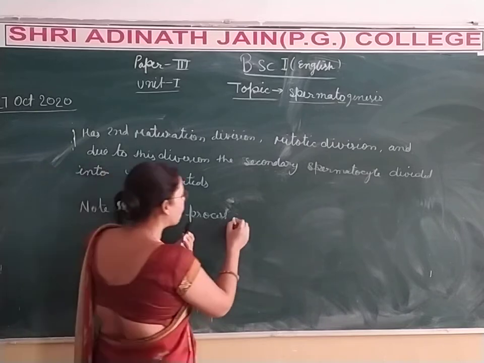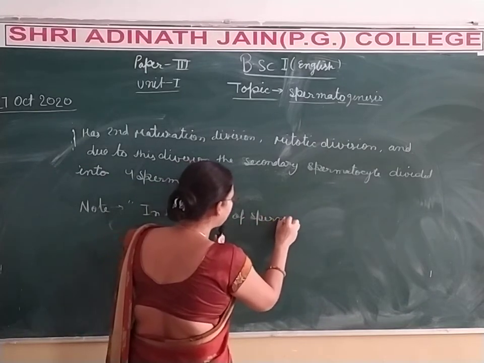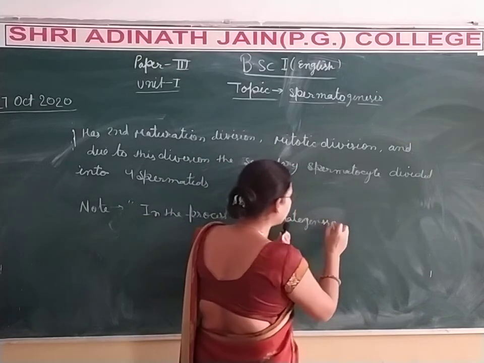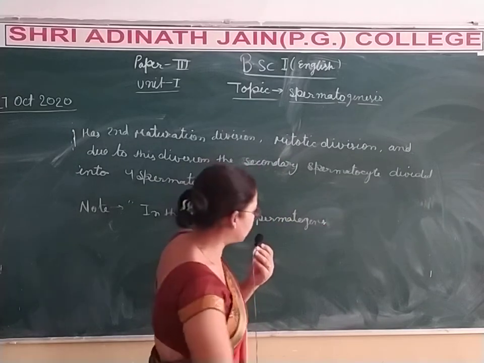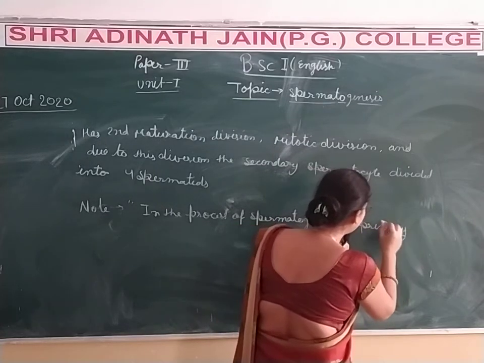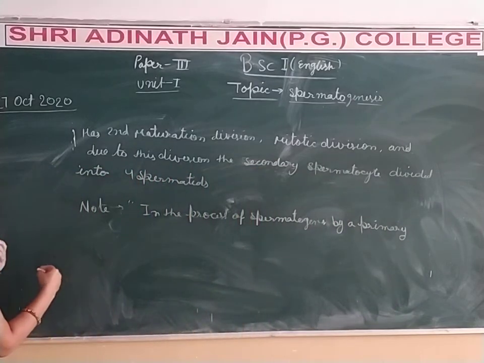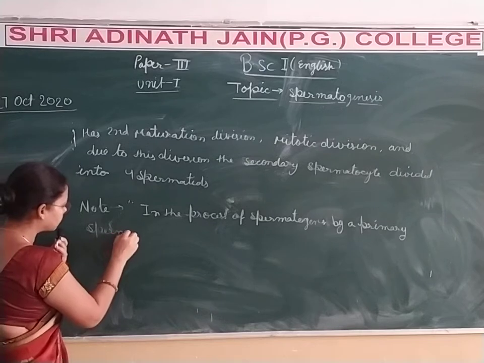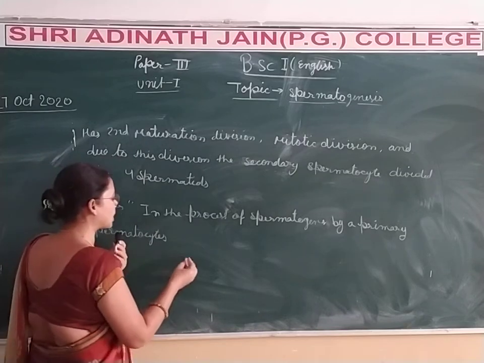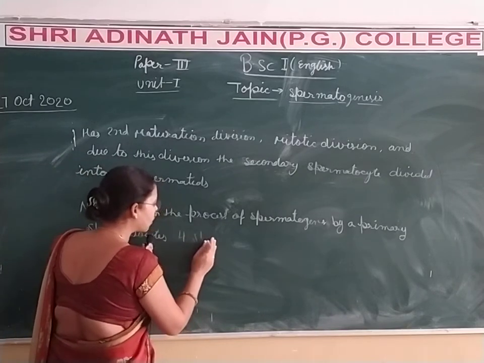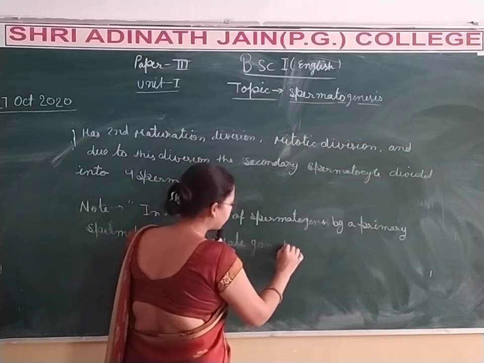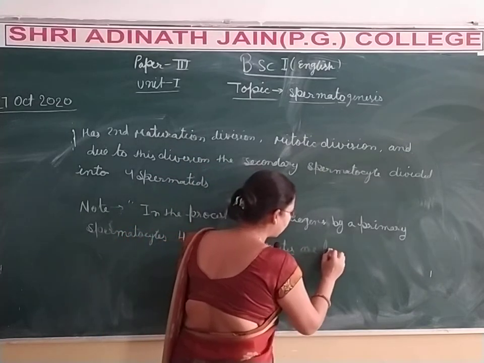In the process of spermatogenesis, from a primary spermatocyte, four male gametes are formed.